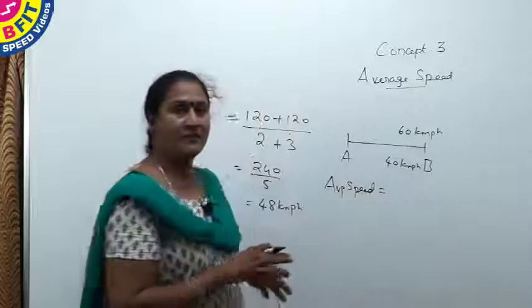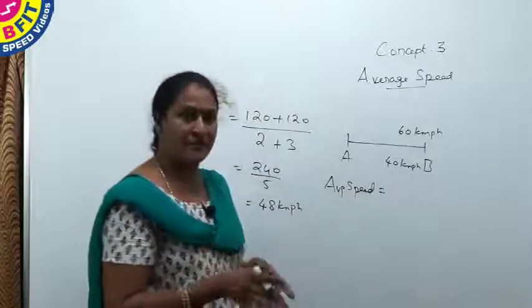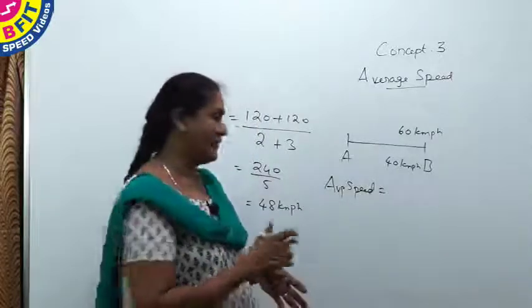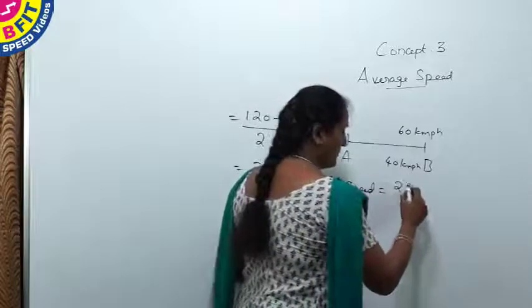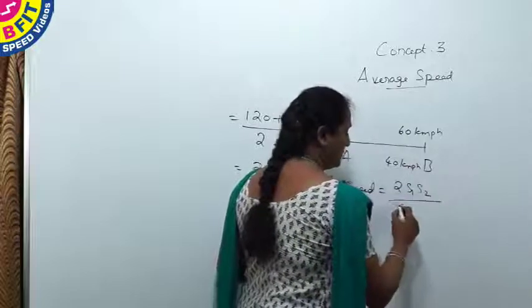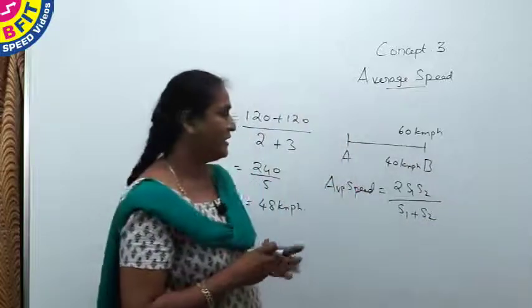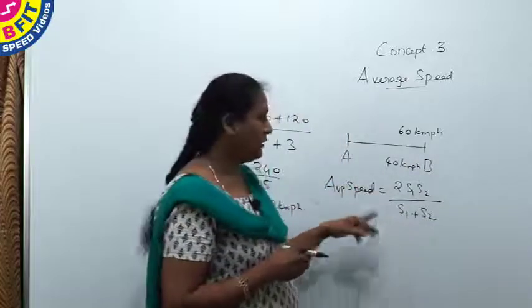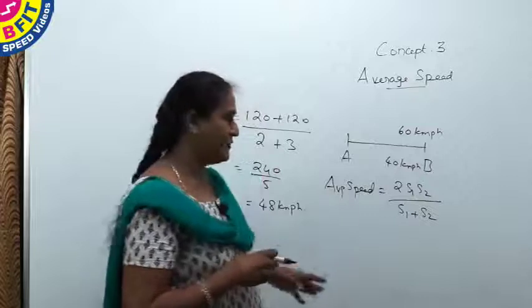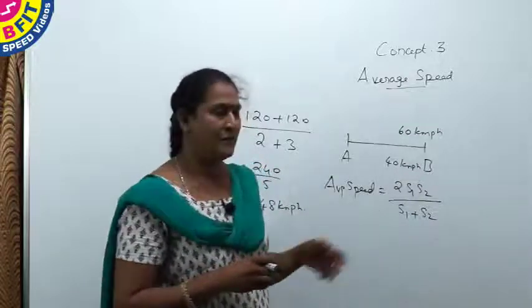So when a person covers the same distance with different speeds, you can calculate the average speed by 2s1 s2 by s1 plus s2. Here s1 and s2 are the two different speeds taken by a person to cover the same distance.